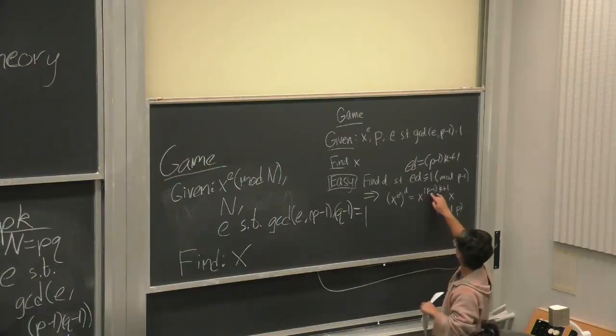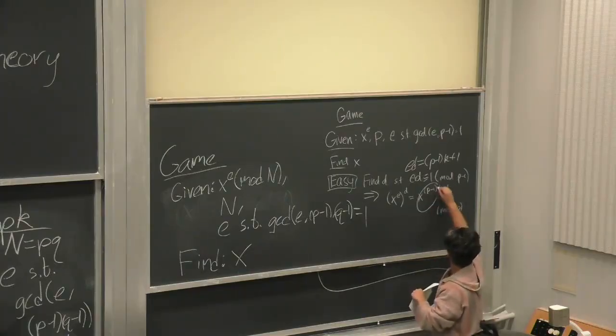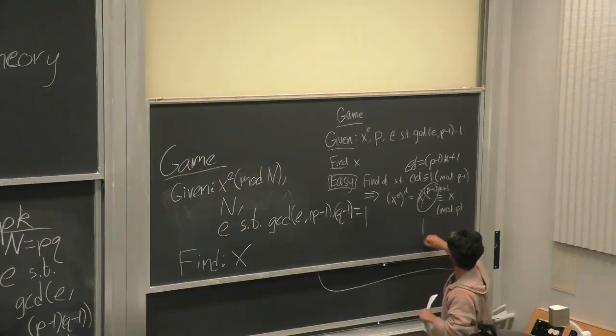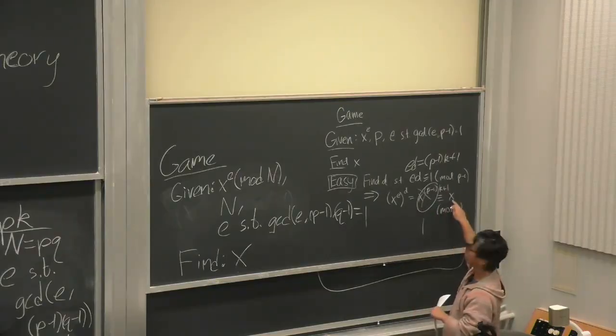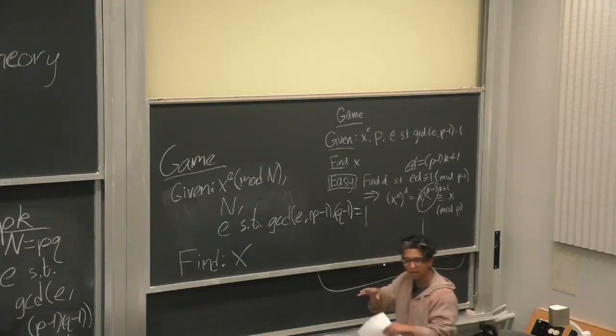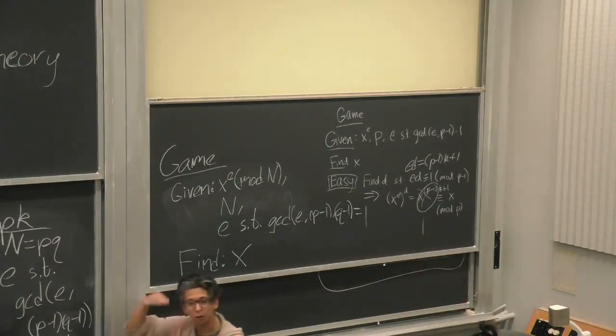So we just plug that in and see that this right here cancels to 1 by Fermat's little theorem, and all we're left with is x. So that was just some extra scratch work to show how that process goes.